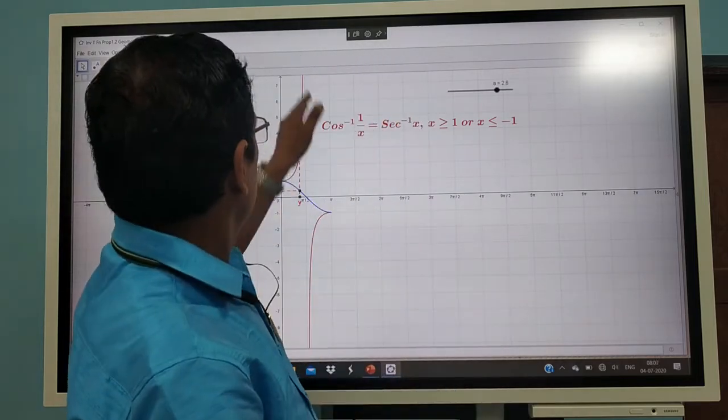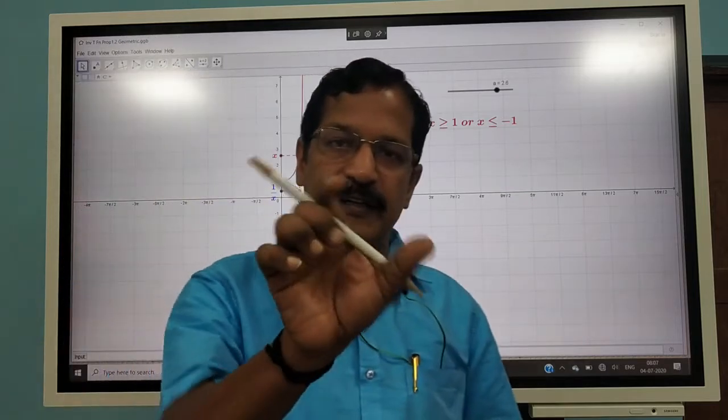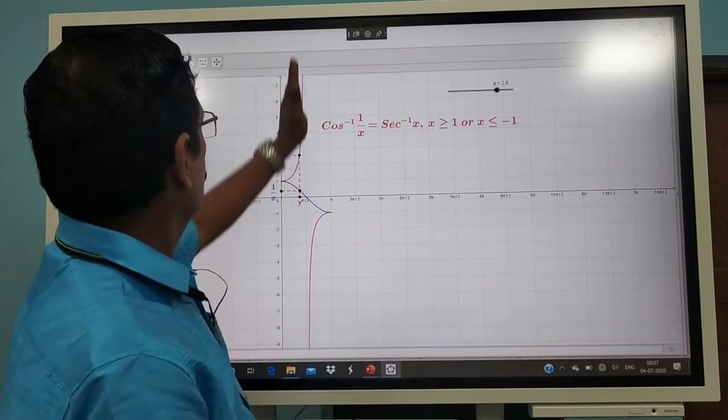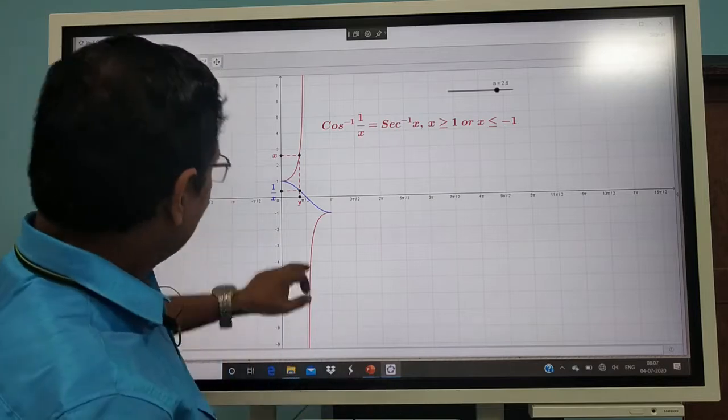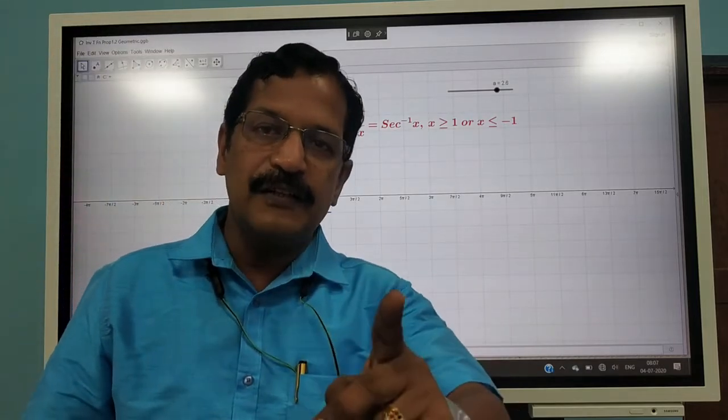In the same way, the sec graph is also defined in that interval 0 to pi, where pi by 2 is excluded. So this is the graph of sec and cos.